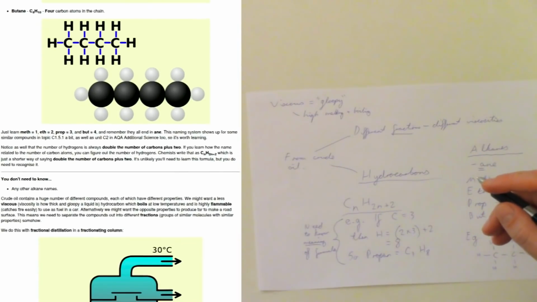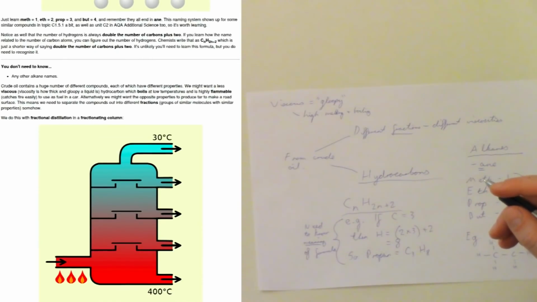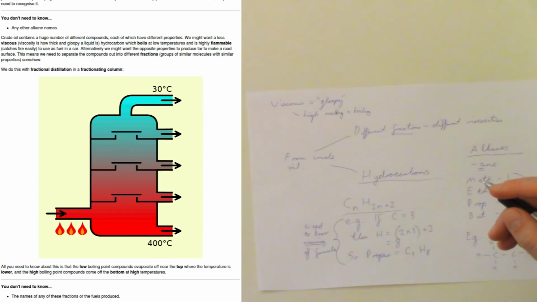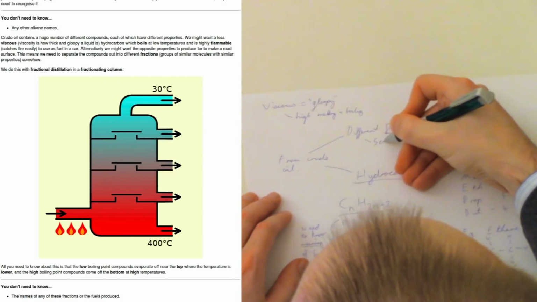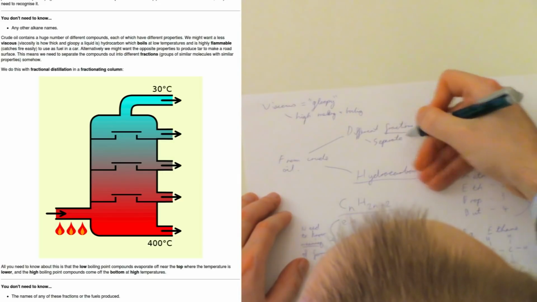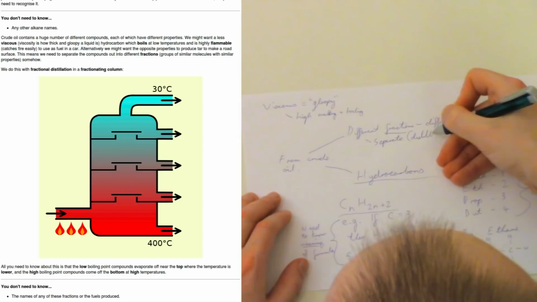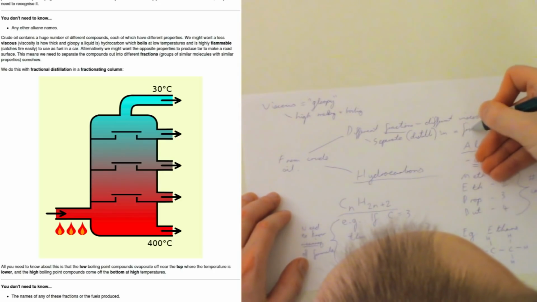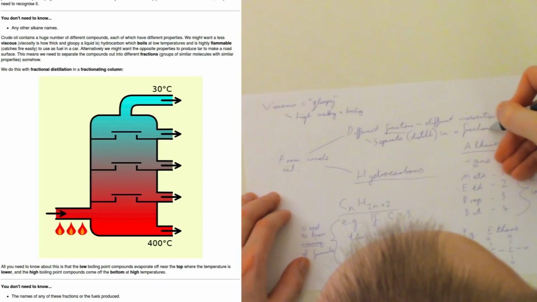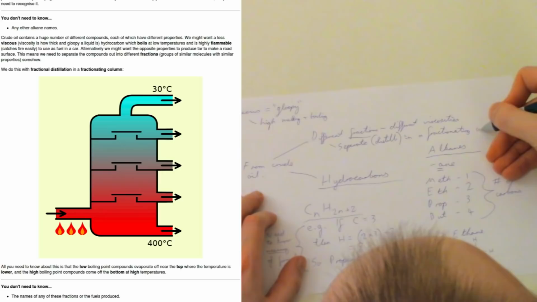So as we scroll down, let's see. Lots of different fractions, and we can distill them in a fractionating column. So we separate them. The word is distill in a fractionating column.